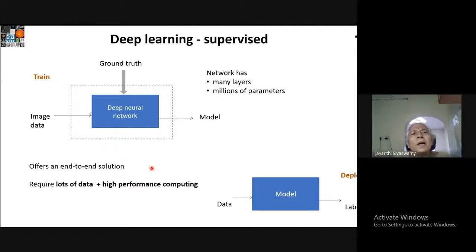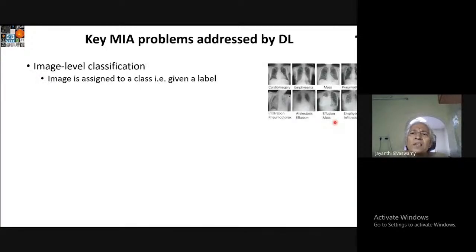So the first problem I would like to introduce is classification. As many of you might know, classification means given an image, assigning a label to it. So this is an example. Let's say I give a chest X-ray. These are all various diseases or various identifications of what could be present in that image.